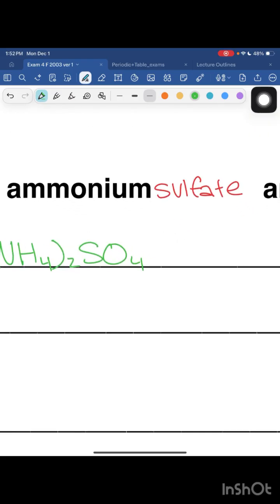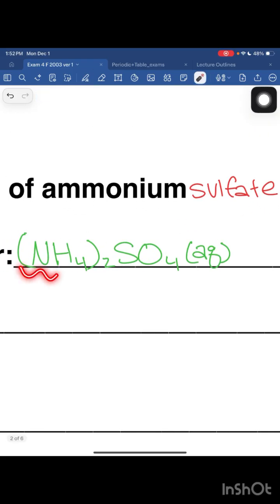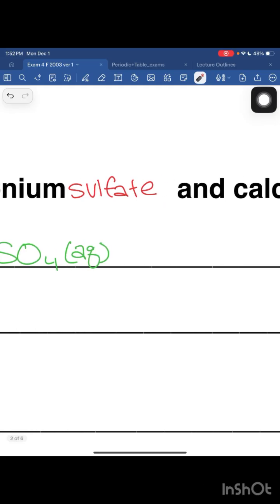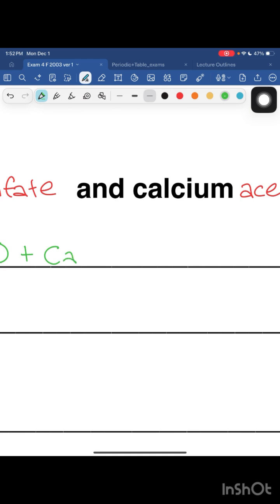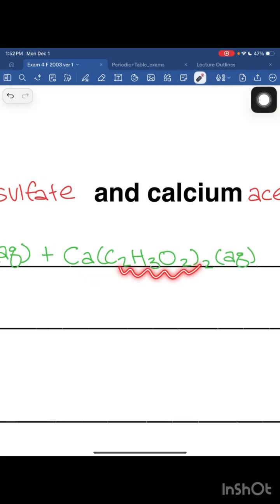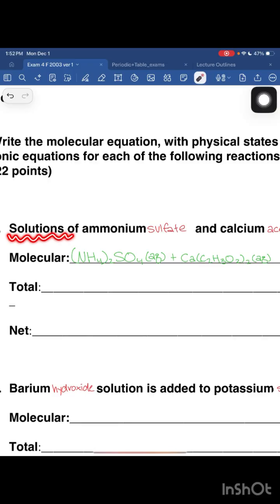Ammonium sulfate is aqueous because ammonium is always soluble. This is added to a solution of calcium acetate. Also aqueous because acetate is always soluble. And it tells us they are solutions.